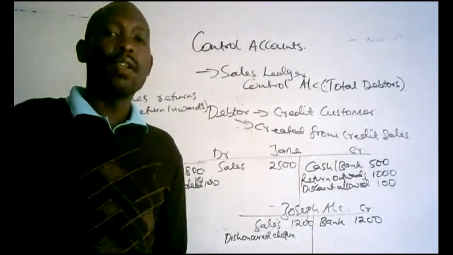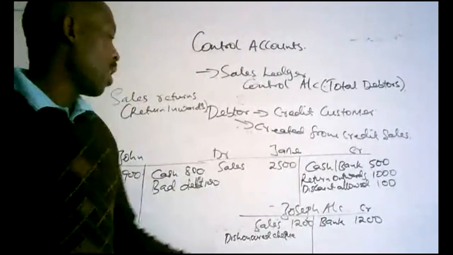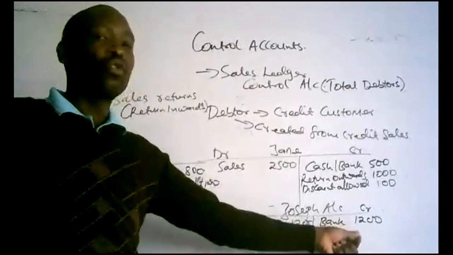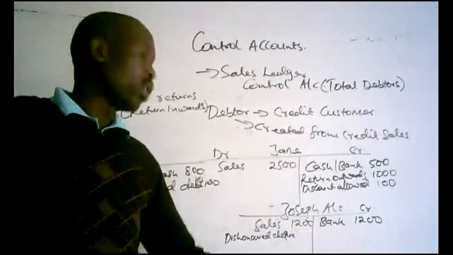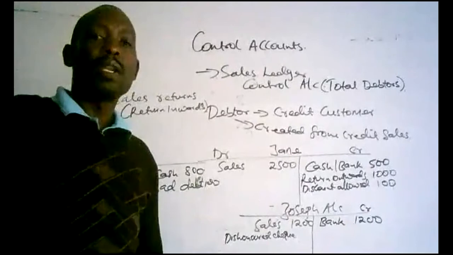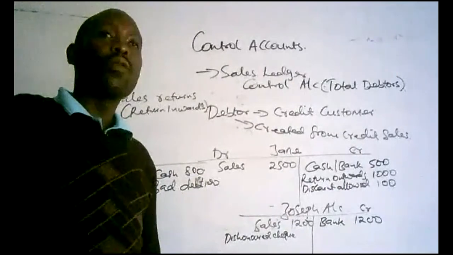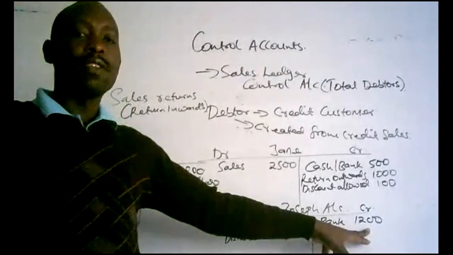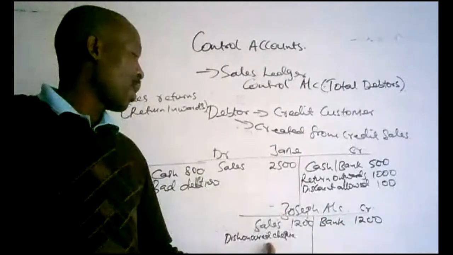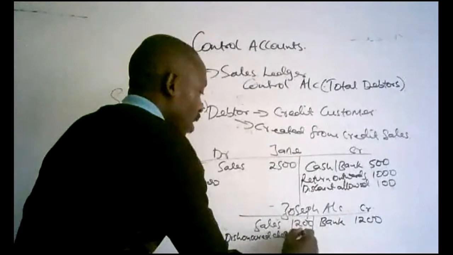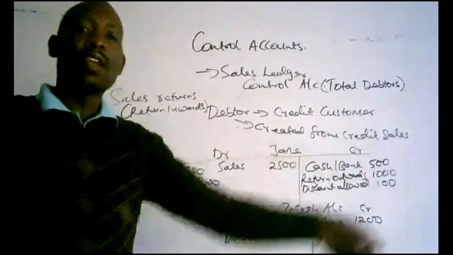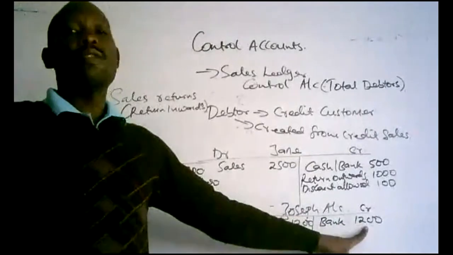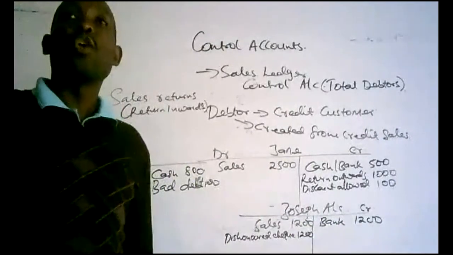The bank maybe realized that the balance in Joseph's account was only 600, and therefore there was not enough money in his account to clear this, so the check will be returned back. If the check has been returned back, which had already been recorded as received, that particular check is normally taken to the other side, and it's like reversing the entry. So remember, it was 1200 minus 1200.